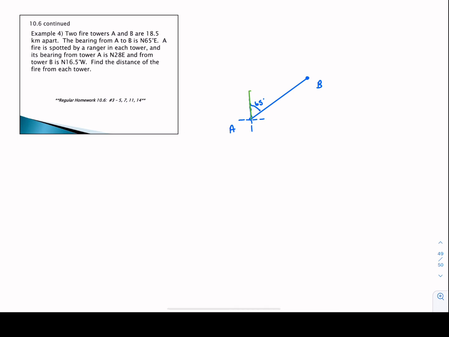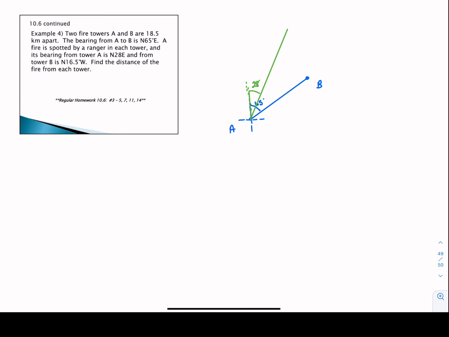So it's going to be a slightly smaller angle, and this is going to be the direction of sight for that fire. I don't know how far away that fire is. That's kind of part of the problem. But what I can do now is mark this angle as 28 degrees. So we have two angles that are maybe going to help us find some interior angles for this triangle.